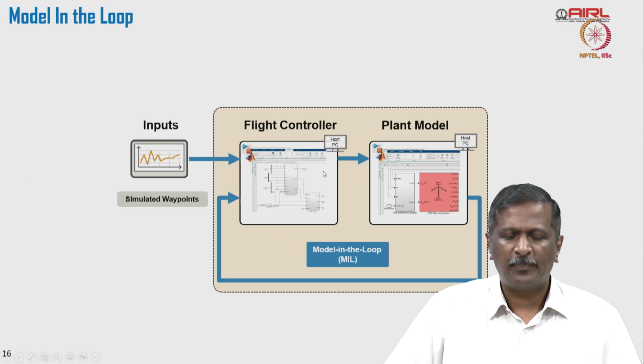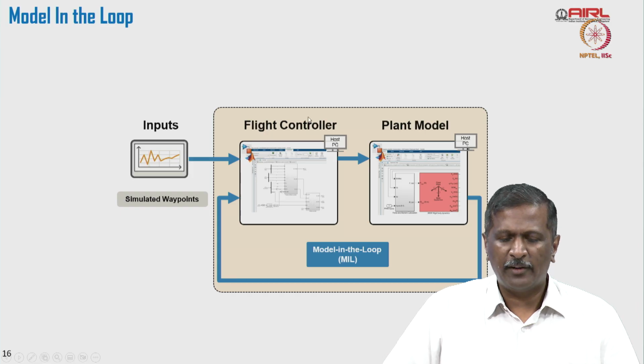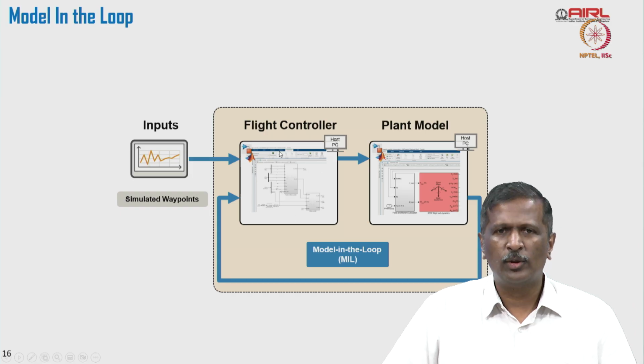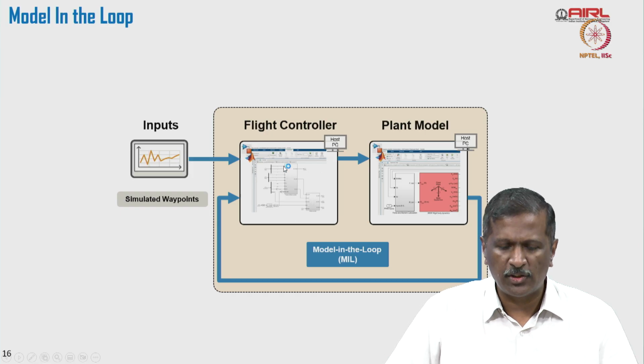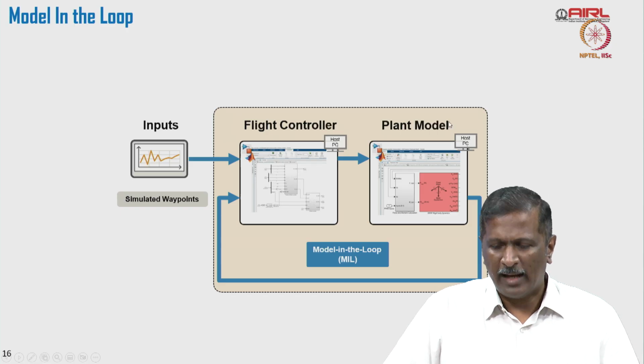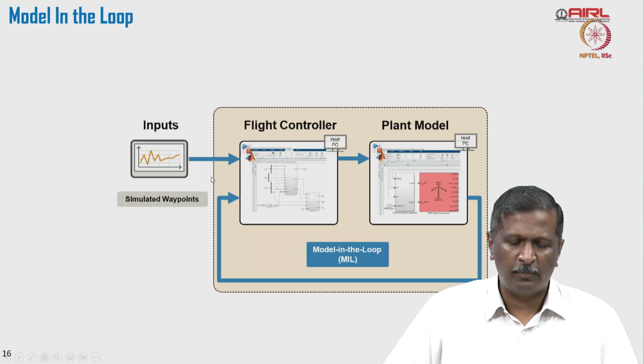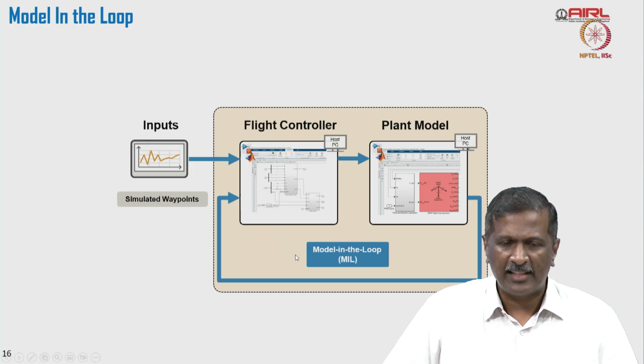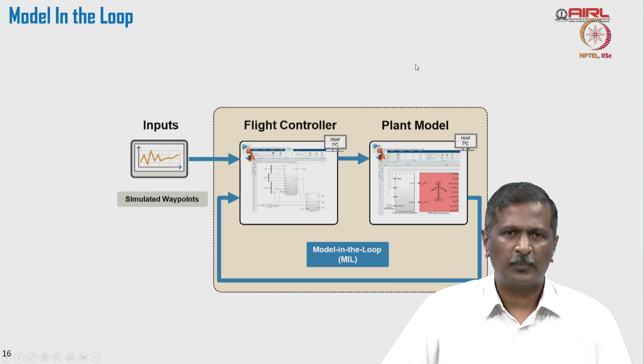Given the trajectory, what kind of control loops I need, velocity tracking or position tracking, I need to include here, and then the plant model, a specific data rate comes from the sensor back to the flight control architecture. I just verify this aspect alone.